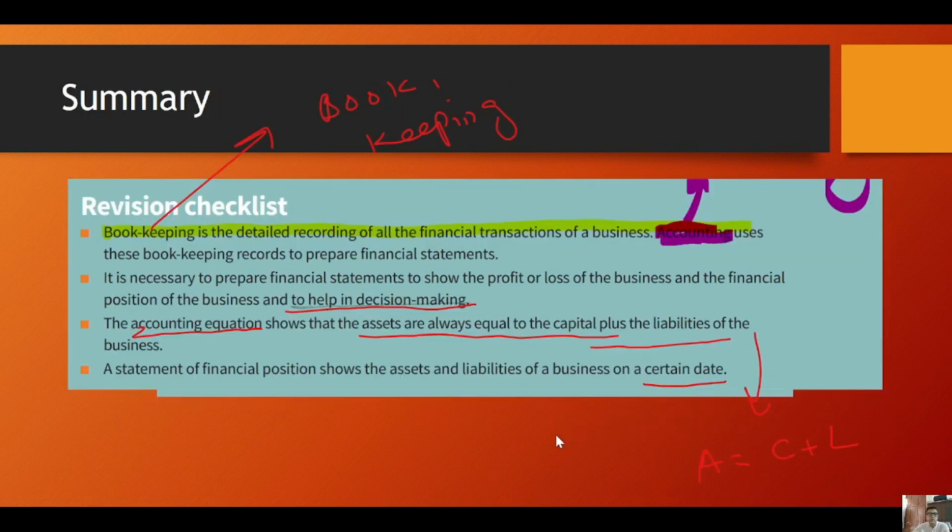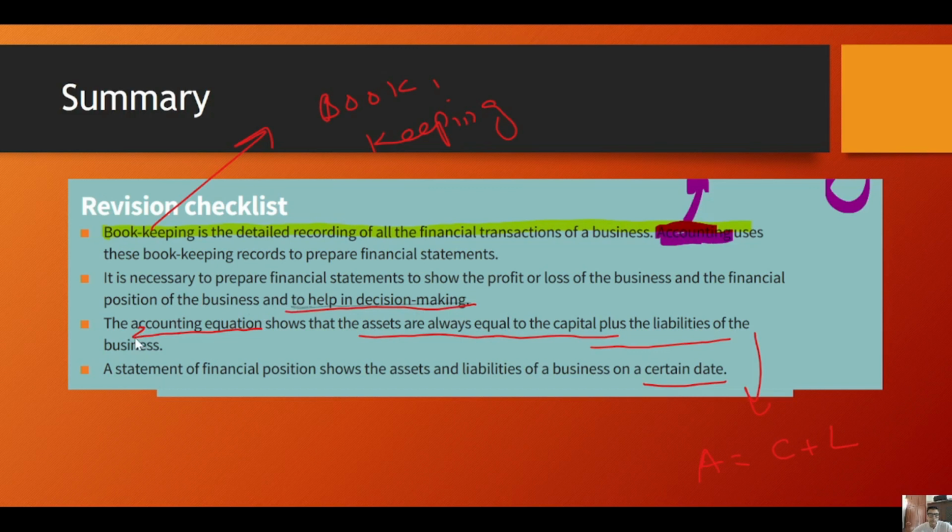So the summary of this chapter: what is bookkeeping? Bookkeeping is detailed record keeping of all financial transactions of a business, and accounting uses these bookkeeping records to prepare financial statements. It is necessary to prepare financial statements to show the profit or the loss of the business and the financial position of the business, and to help in decision making.